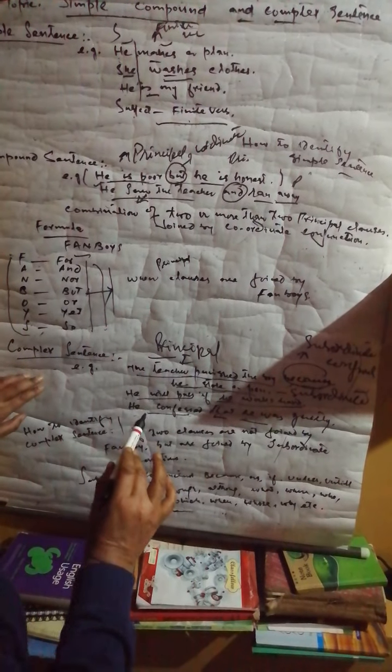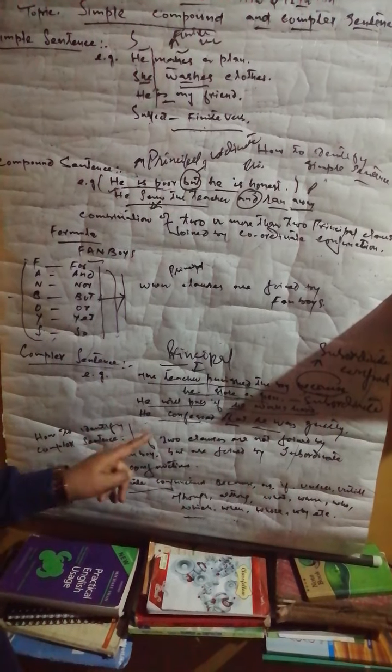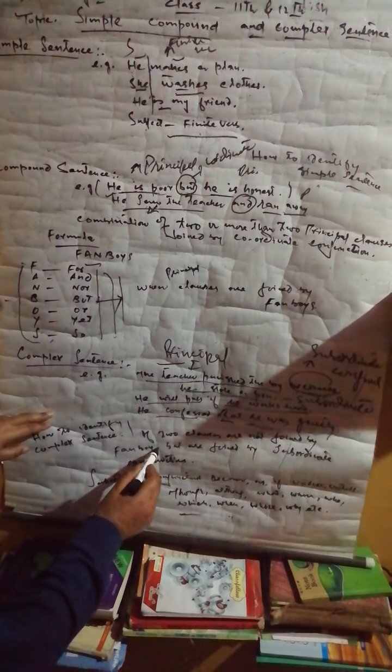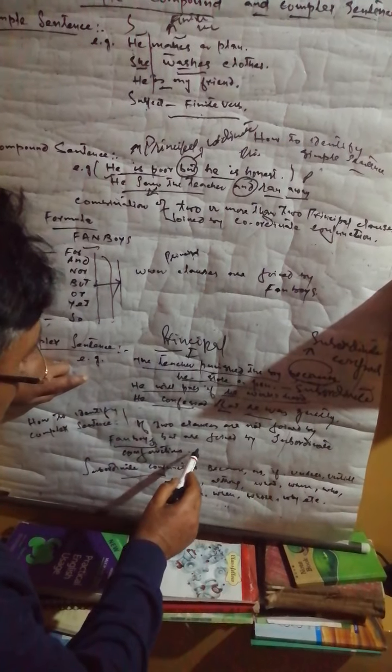So a complex sentence is a combination of two clauses. One is a principal clause and another is a subordinate clause. So how can we identify a complex sentence? If two clauses are not joined by FANBOYS, I have already told you this formula, but are joined by subordinate conjunctions.